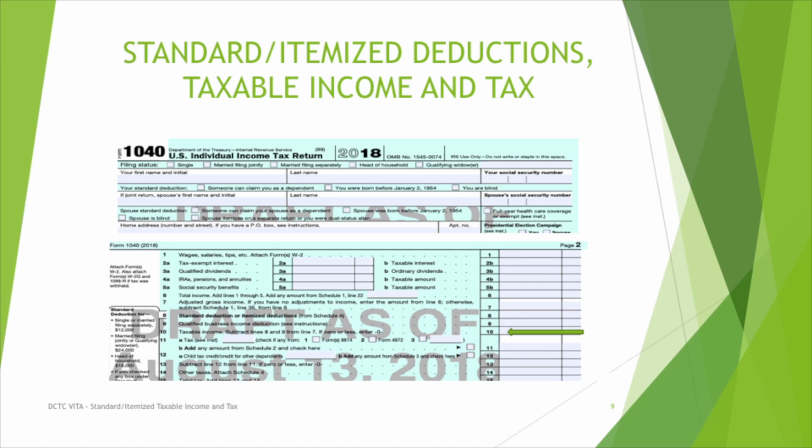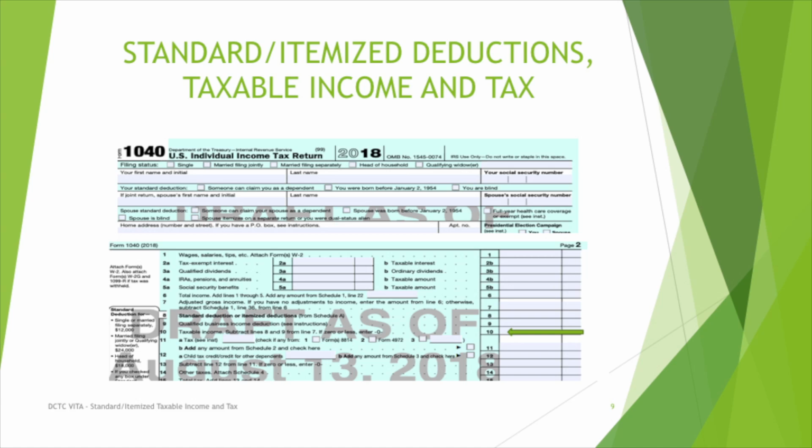This line is where the federal income taxes are figured. There are two places where the tax could come from, either the tax tables or the tax rate schedule, and is based upon the taxable income levels.